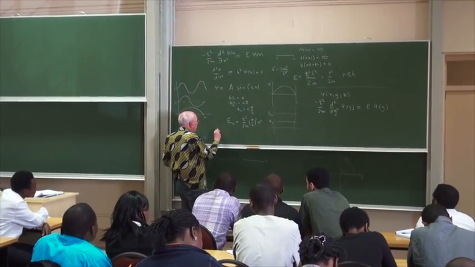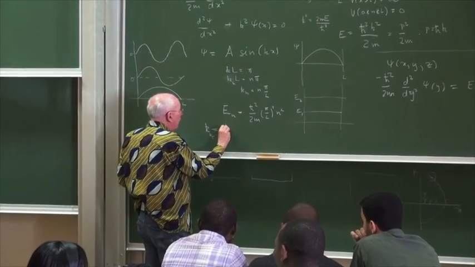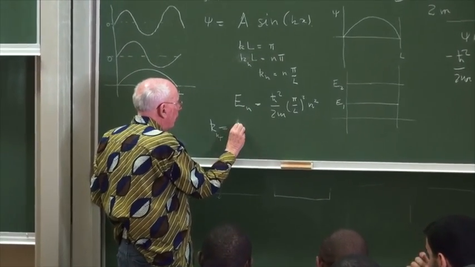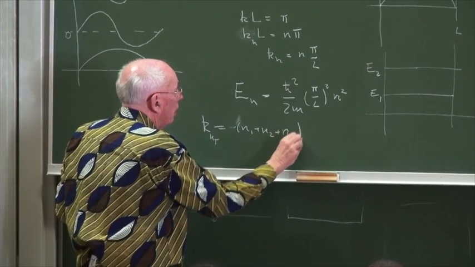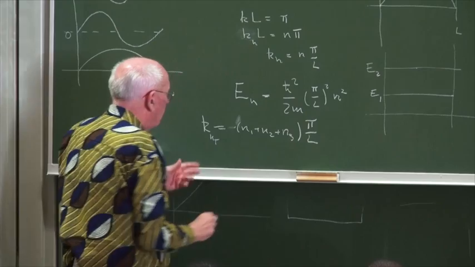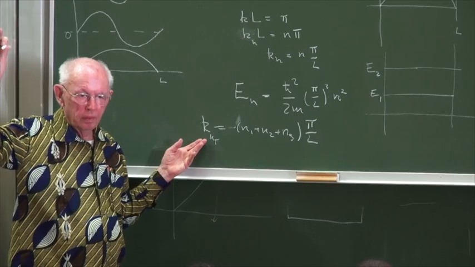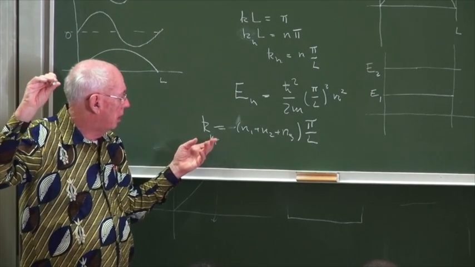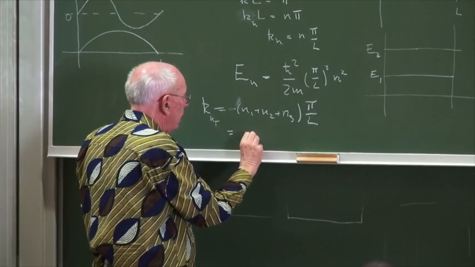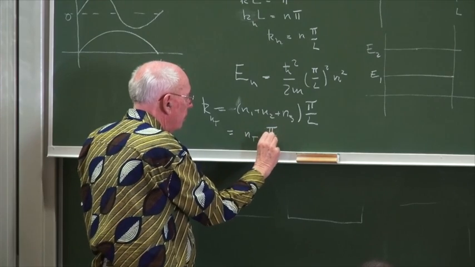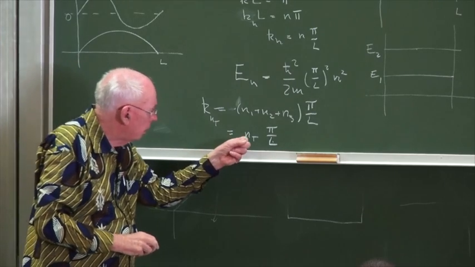We look at K values, which are given by N1 plus N2 plus N3 times pi over L. I'll give you a value of K, which is determined by NT times pi over L. I'm looking for that number.